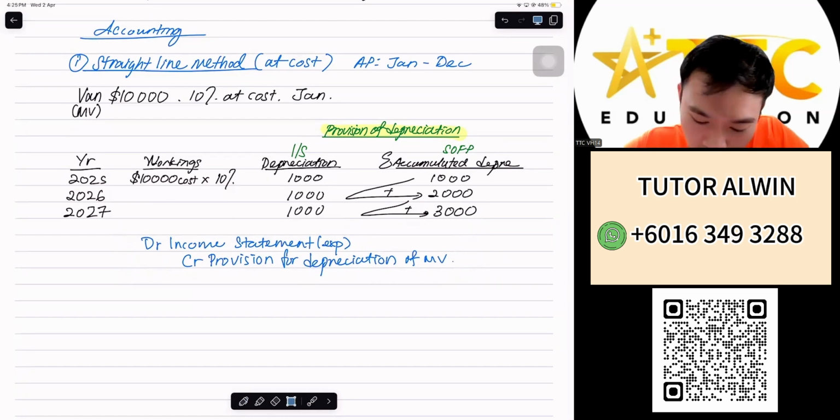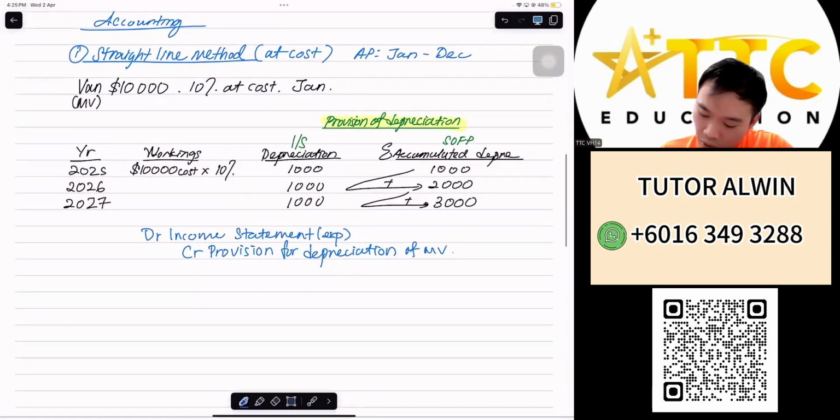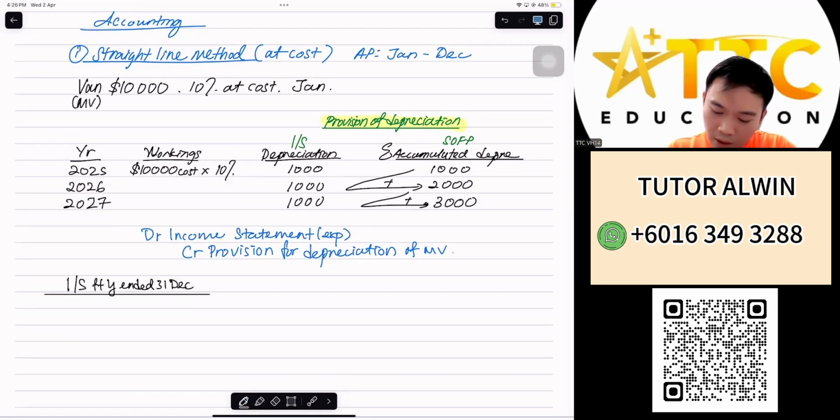Let me show you the income statement. Income statement for the year ended 31st December. Let me give you multiple years: 2027, 2026, 2025. Under the expense heading, we have provision for depreciation of motor vehicle.